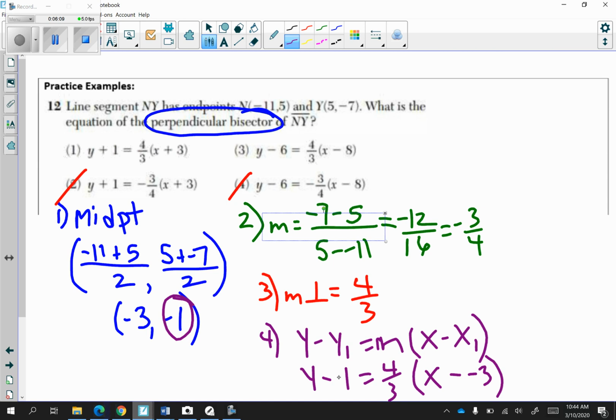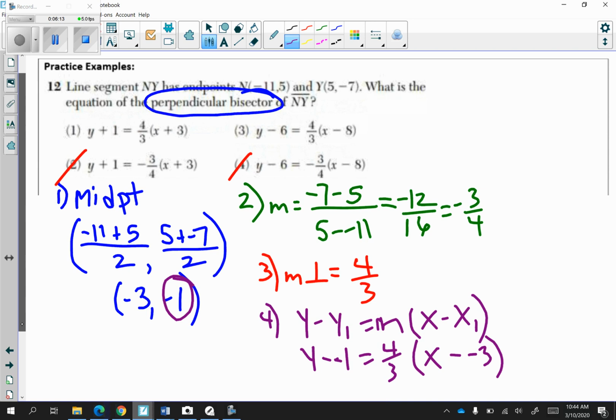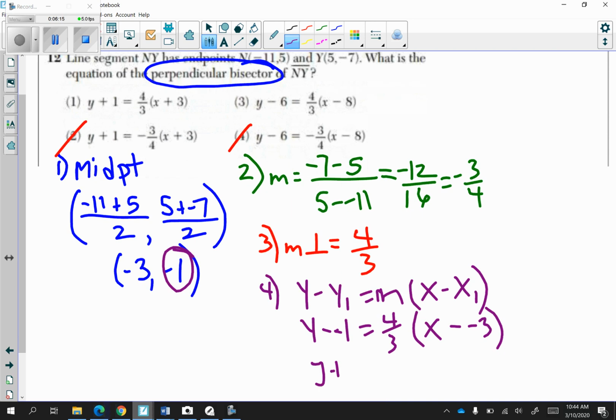Now, I forgot here the negative, so that should turn into a plus. So this should be y plus 1 is equal to 4/3 x plus 3, which is choice 1. And again, you could use process of elimination. Once you got negative 3, negative 1, you could eliminate the ones that have the negative 6, negative 8. So it would have to be choice 1.